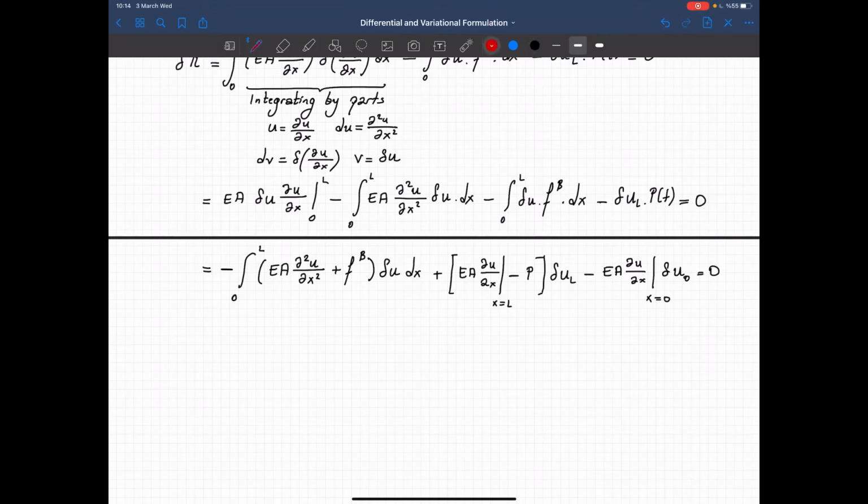Okay, so we know that that last term is equal to 0 because of the essential boundary condition that we have.